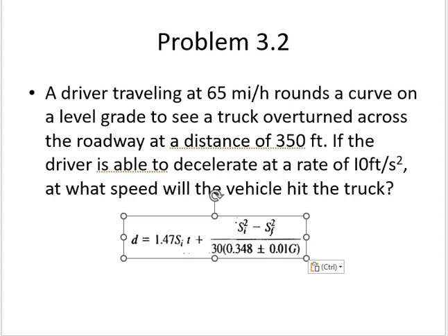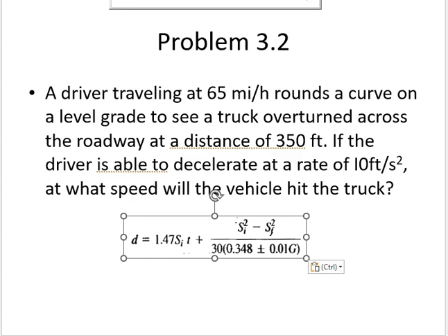We don't have gradient. Okay, I will just ignore it. But there's a value already in the equation I need to change: the acceleration. Where is the acceleration? 0.348. 0.348 was calculated for the deceleration rate of 11.2. Is his deceleration rate 11.2? No, right? So we need to change it.